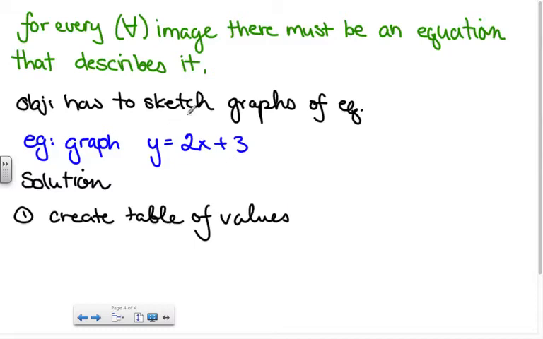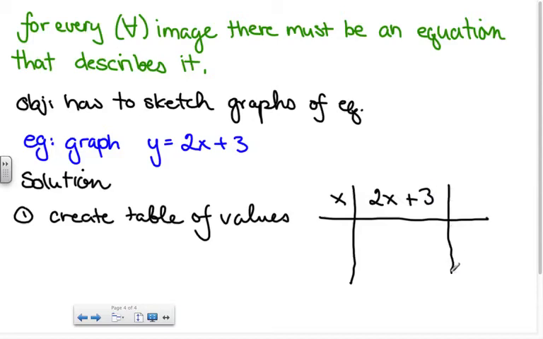So how do we do that? We set up a table like this. I'm just going to do x, 2x plus 3, and y. Now I'm going to choose some points. Let's say 0, 1, 2.